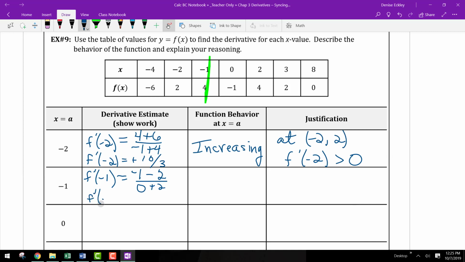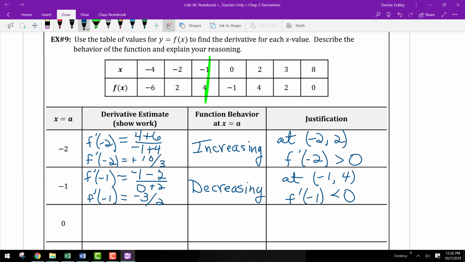So f prime of -1 is going to equal -3/2. And since the slope is negative, that means the function itself is decreasing. My justification is that at -1, f prime of -1 is less than 0. So take a moment and do the other parts, and then you can check them here.